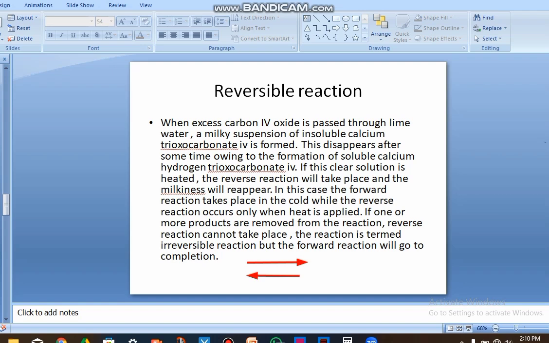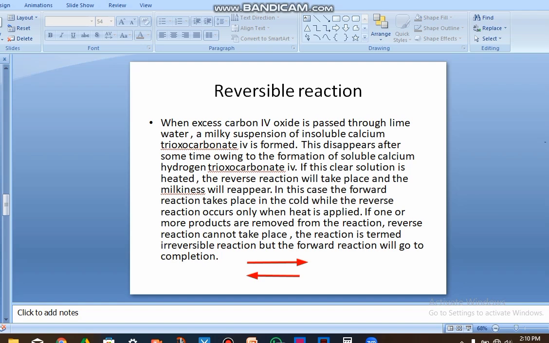So meaning that the one formed, which is a product, is the what? Calcium hydrogen trioxocarbonate(IV), meaning it can react again when heat is applied. I get it now. It can react to form the milky solution, which is the insoluble calcium trioxocarbonate(IV). So meaning it can go forward and come back.